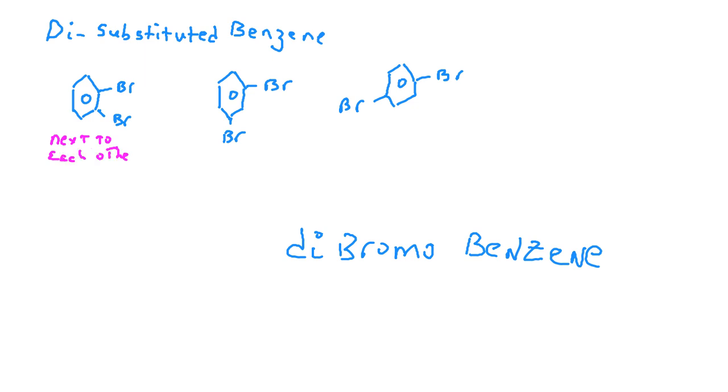So we could call this 1,2-dibromobenzene. If you skip a bond, we're skipping a site, one site, then this would be called 1,3-dibromobenzene.